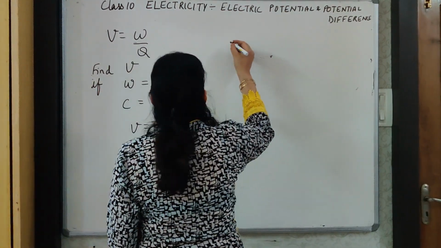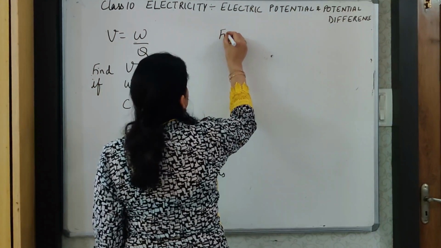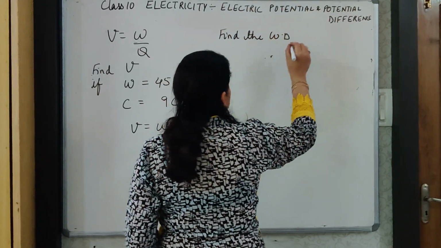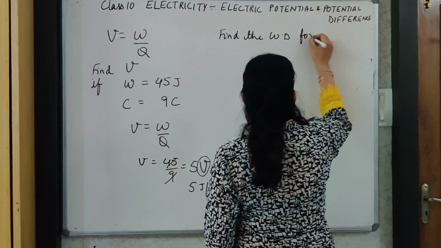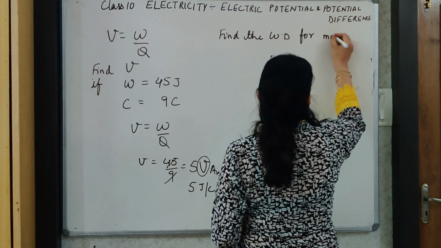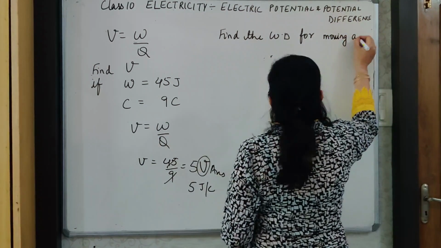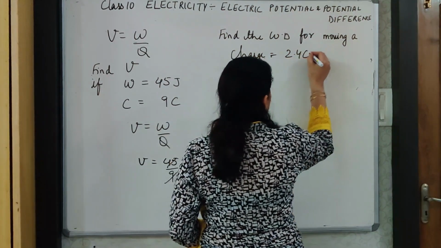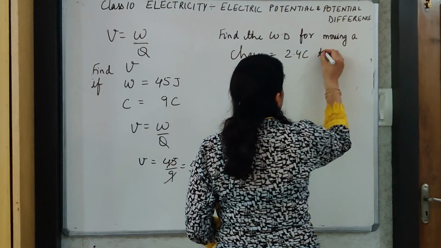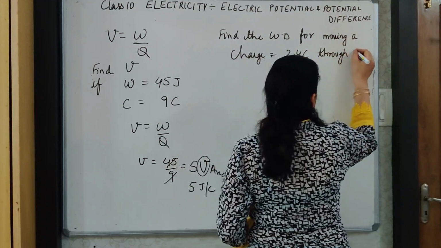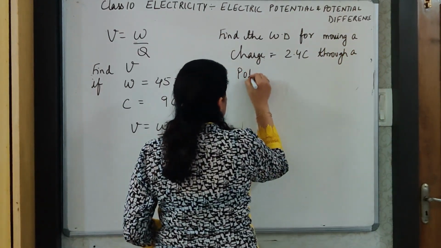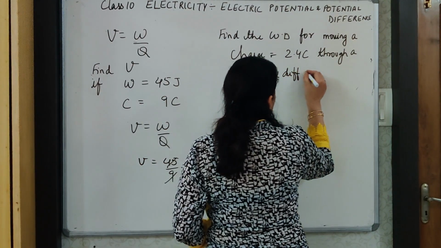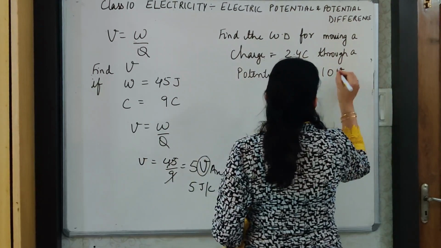Let us find the work done for moving a charge of 2.4 coulomb through a potential difference of 10 volt.